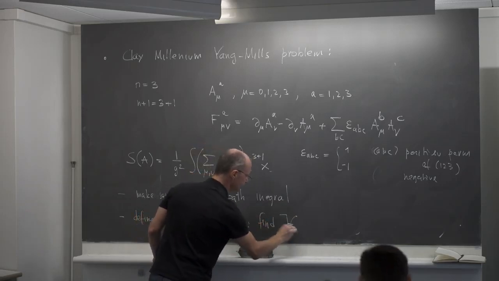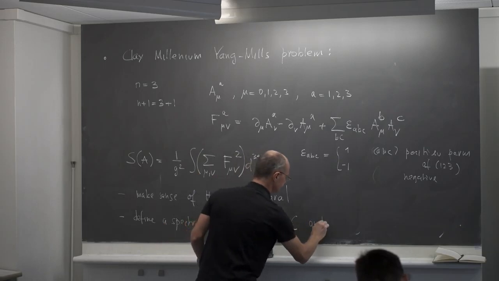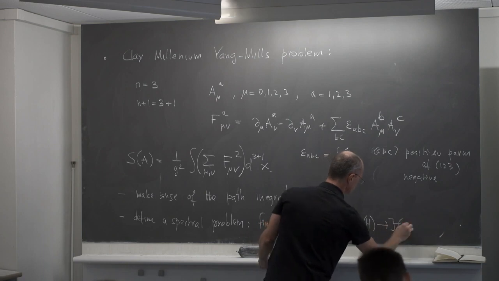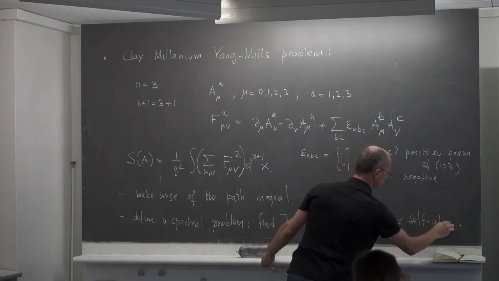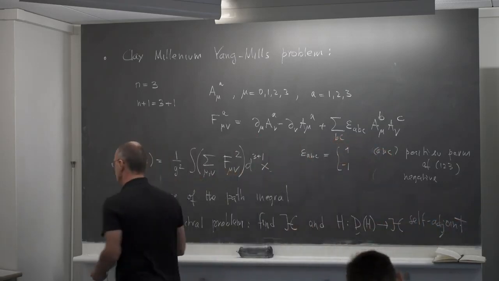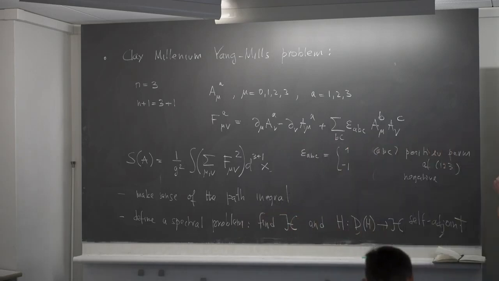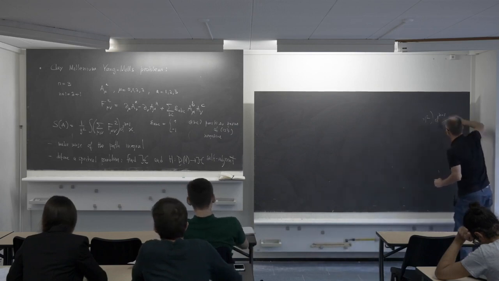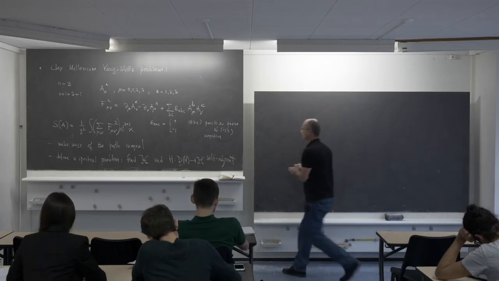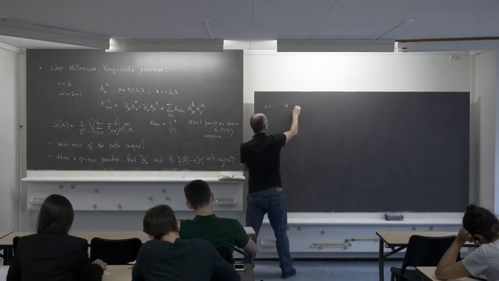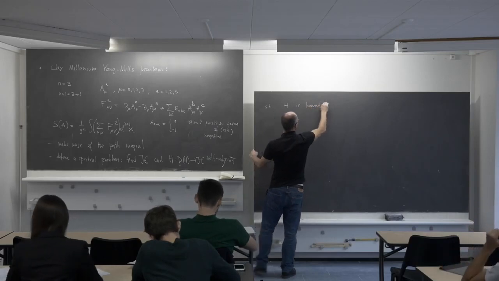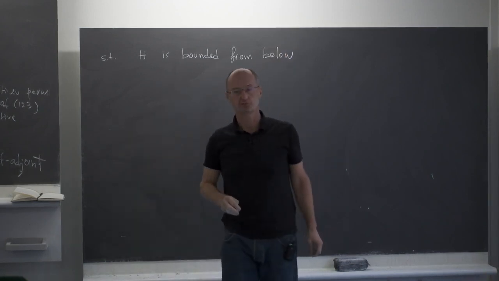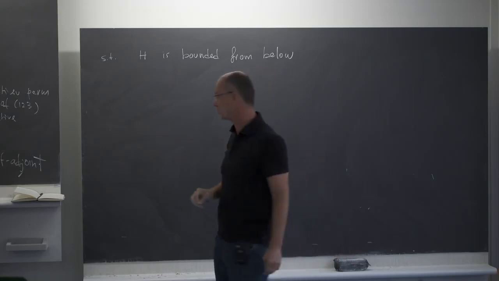So find the Hilbert space H and a self-adjoint Hamiltonian H. And the problem prescribes some properties of this H. So we want this H to be bounded from below, and that's what usually people in physics want.